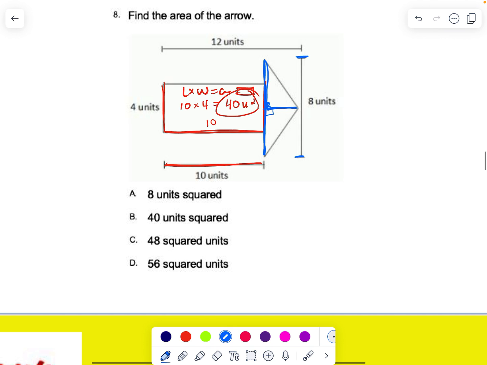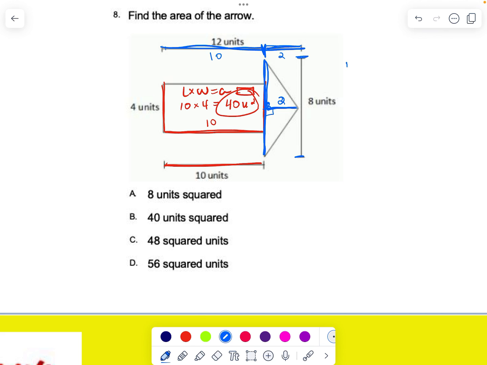To do that, I'm going to look up here to this 12. If I think about the height measurement as being from here to here, I know that the entire height measurement is 12, but this part of it right here is 10. And if the whole thing is 12, then this part must be 2. And if that part is 2, then this part must be 2 as well, okay?